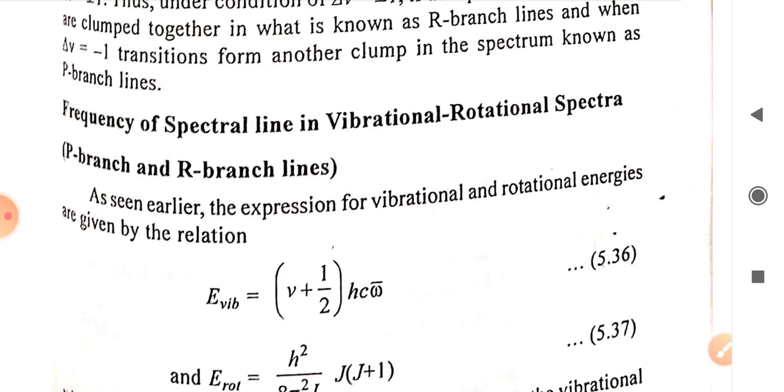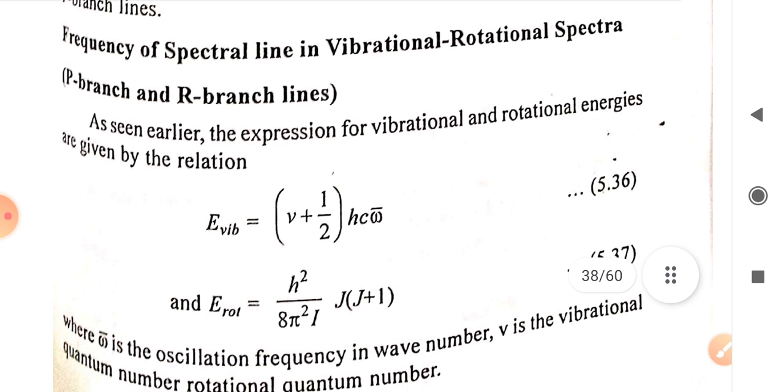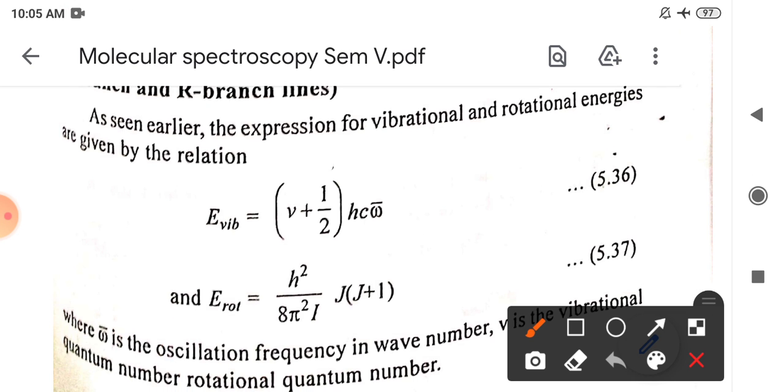In order to define this P and R branch, we first need to consider the expressions for the energy of vibrational motion as well as rotational motion. We have already seen from quantum mechanics that the energy of vibration for the given molecule is given by (V plus 1/2) hc omega bar, and the rotational energy is given by h squared upon 8 pi squared I into J(J plus 1).